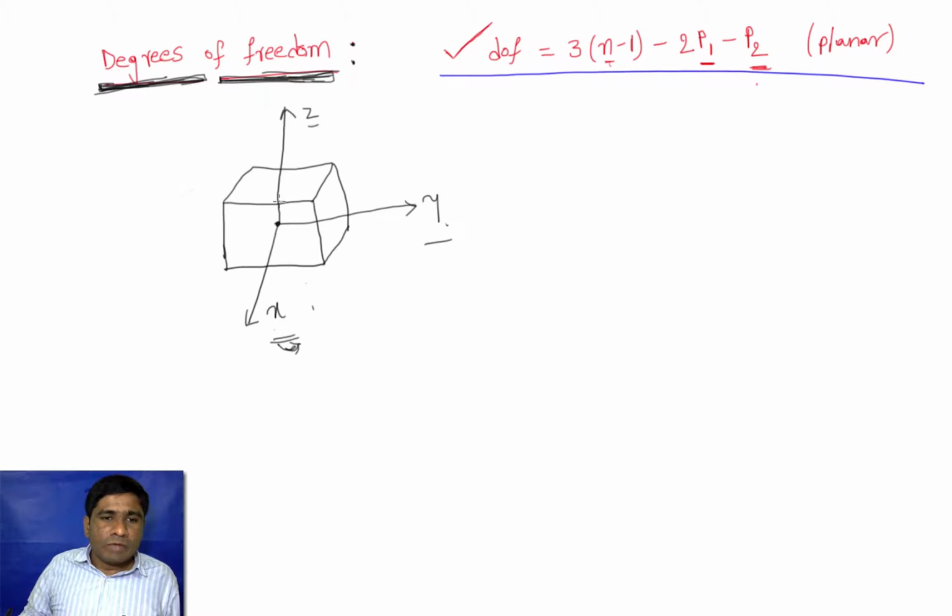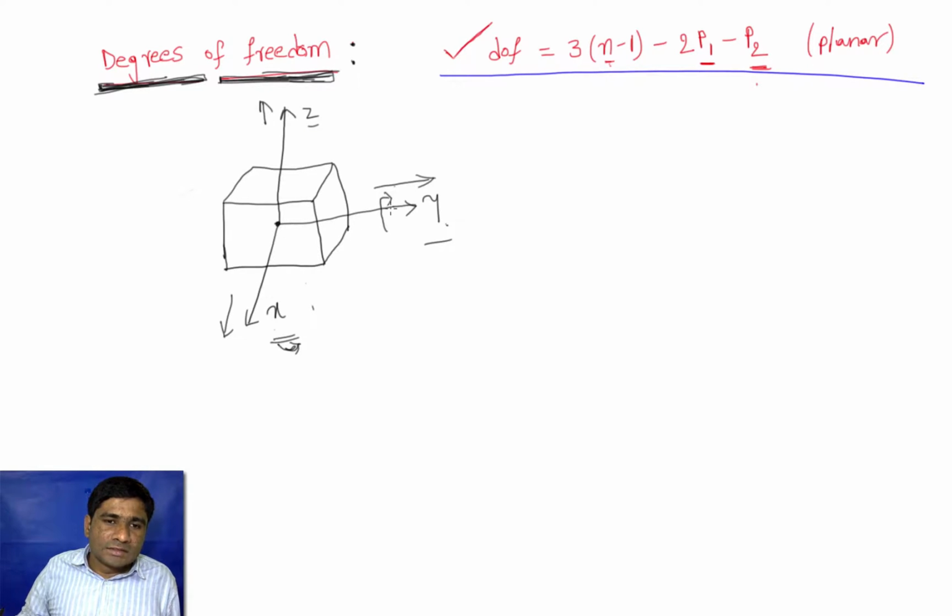And if I consider a body like this, without any constraint or without attaching this body to anything, this body can translate along the y-axis, and it can also translate along the x-axis freely without any hindrance or restriction, and it can also translate along the z-axis.